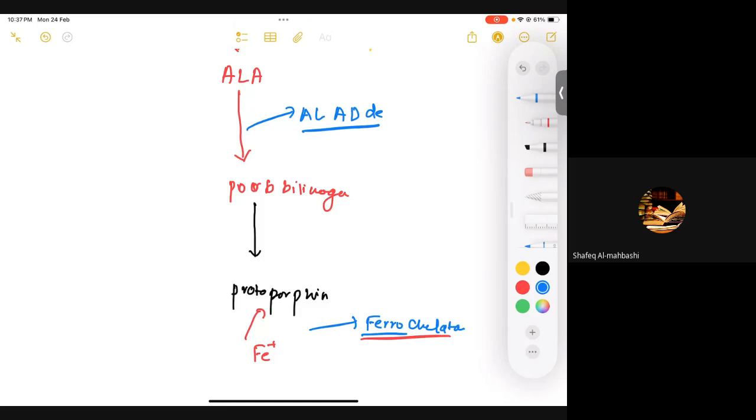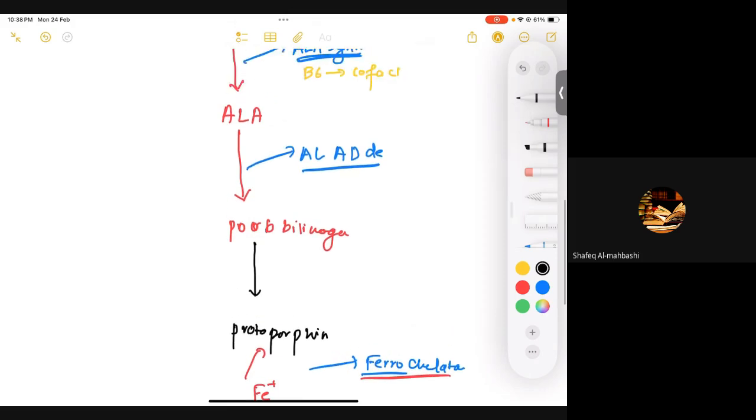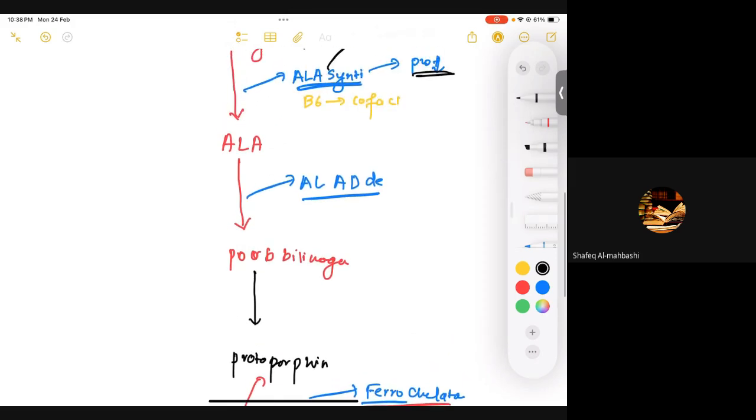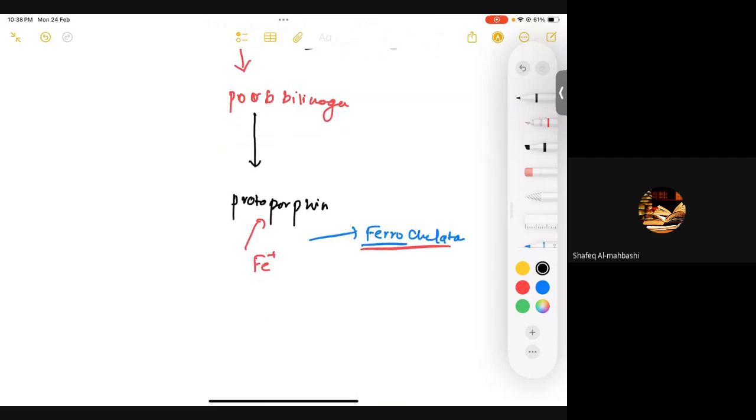An important point you should know: lead inside our body is going to inhibit some enzymes in the following pathway. Which enzymes does lead inhibit? That is ALAD. Lead inhibits this enzyme, and ferrochelatase as well.